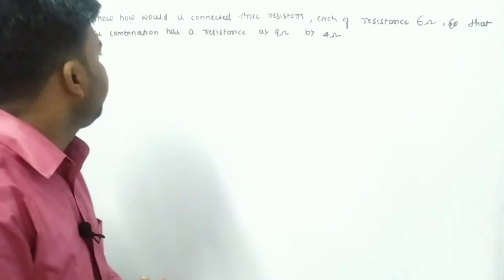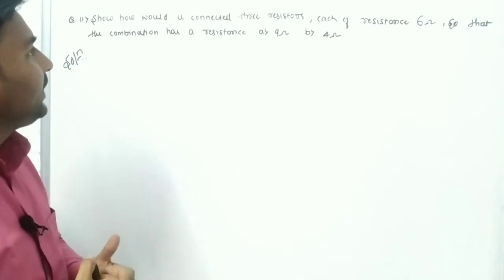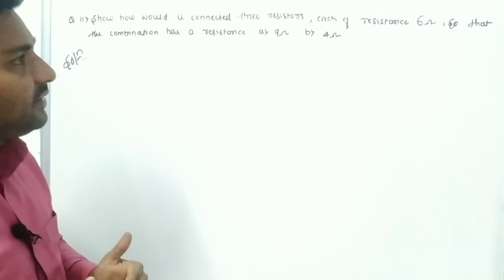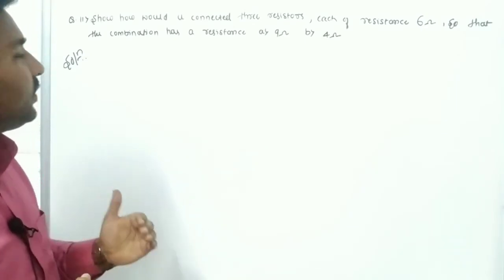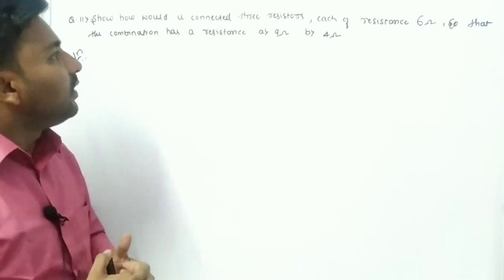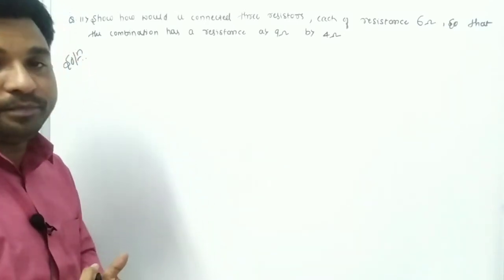Now the next question. Show how you would connect three resistors, each of resistance 6 ohm, so that the combination has a resistance of, first one 9 ohm, second one 4 ohm.